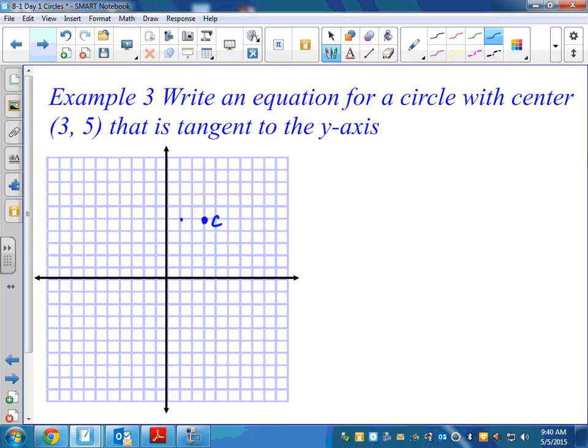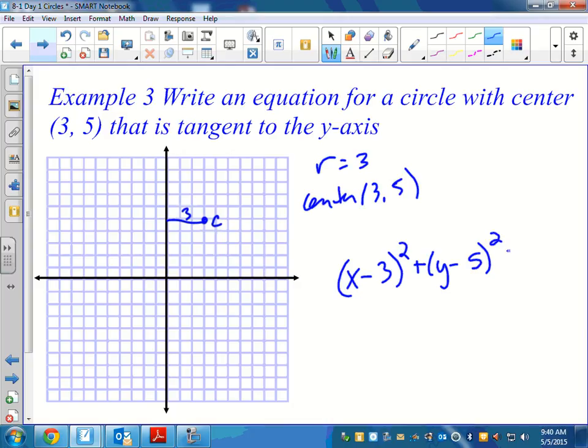So being tangent tells you how far away it has to be, which means the radius has to be 3. Now that's a pretty easy equation to write: x minus 3 squared plus y minus 5 squared equals 9.